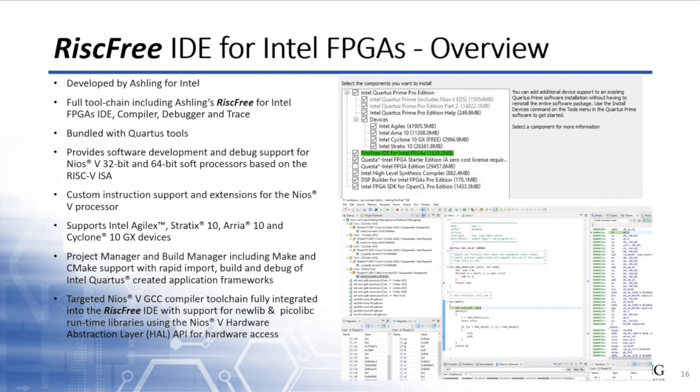It supports a wide range of Intel FPGA boards, including Agilex, Stratix 10, Arria, and the Cyclone V boards. The RiscFree IDE has full support for project management, including build using both Make and CMake. It also works closely with the Quartus tools, which means any application or BSP built using the Quartus tools can be built and debugged using RiscFree. All of this will be demonstrated.